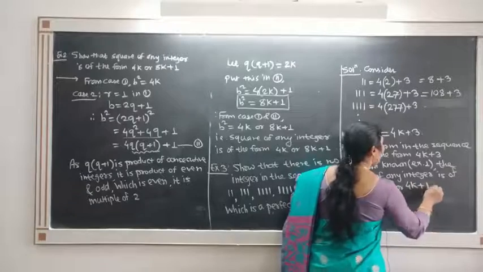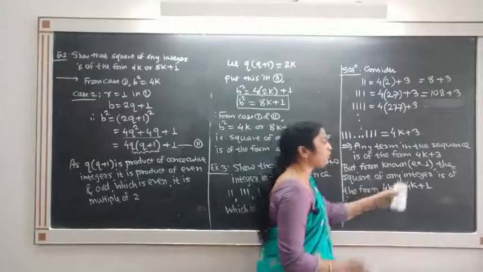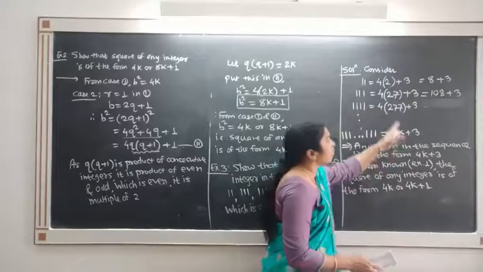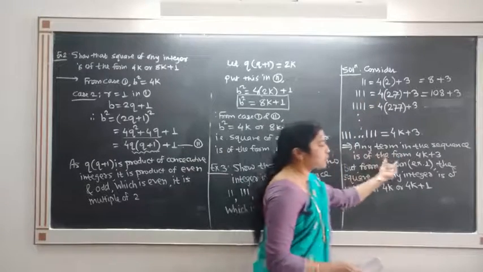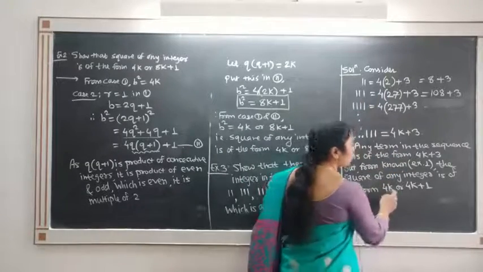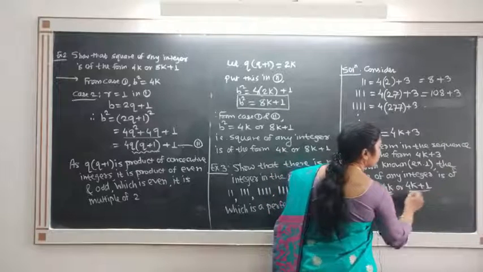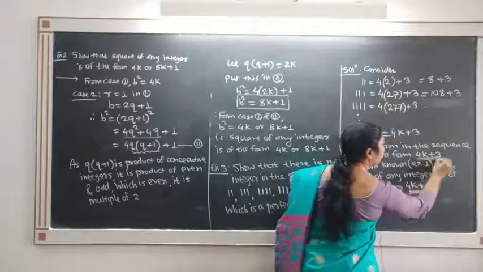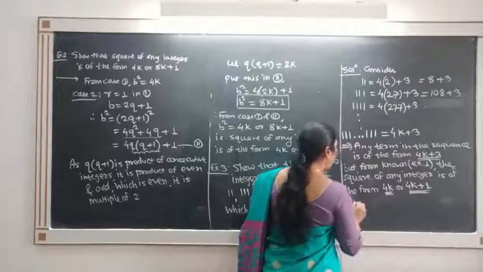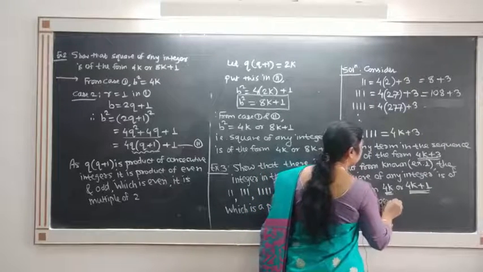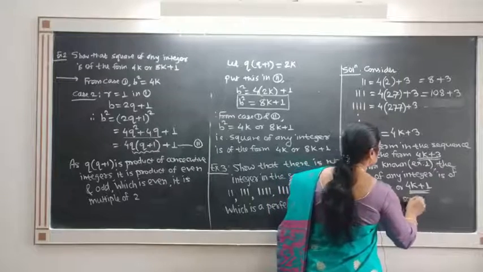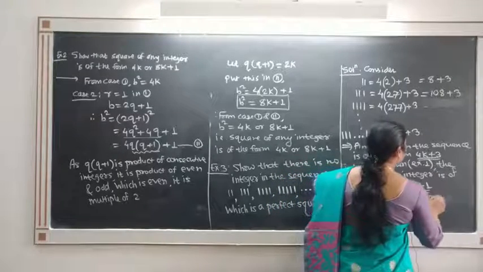We know that either it is of the form 4k or 4k plus 1, but our term has the form 4k plus 3. So it is not of the form 4k or 4k plus 1. It is always of the form 4k plus 3, which implies that no integer in the sequence is a perfect square.